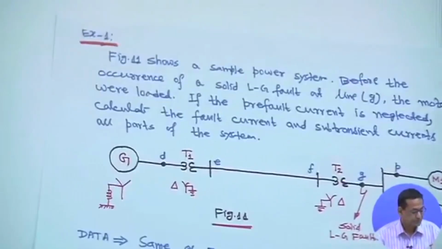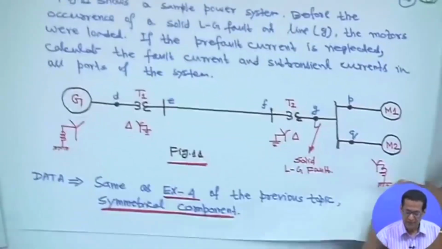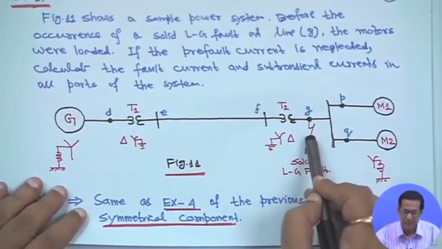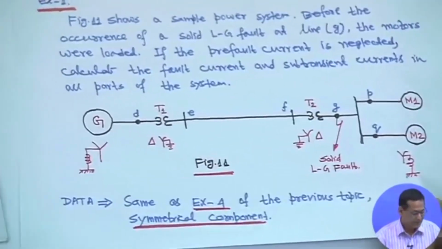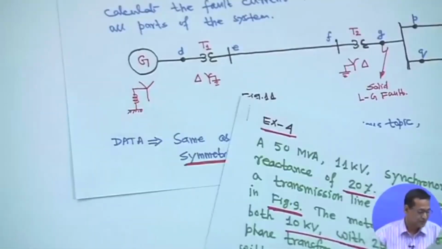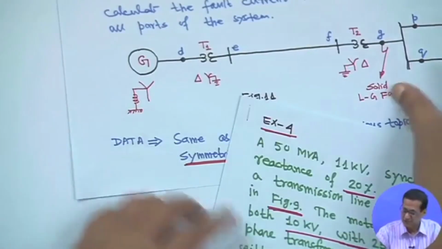Now, the fault has occurred at point G. First I will show you the diagram, then the connection. The positive, negative and 0 sequence diagrams for this network were shown to you earlier. This is your positive sequence one.